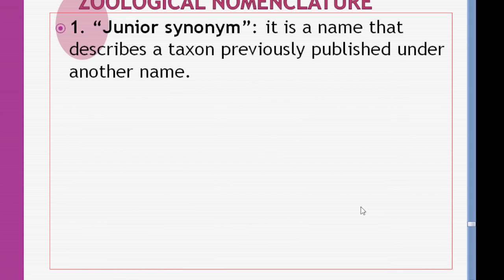A junior synonym is a name that describes a taxon, but this taxon was previously published under another name.